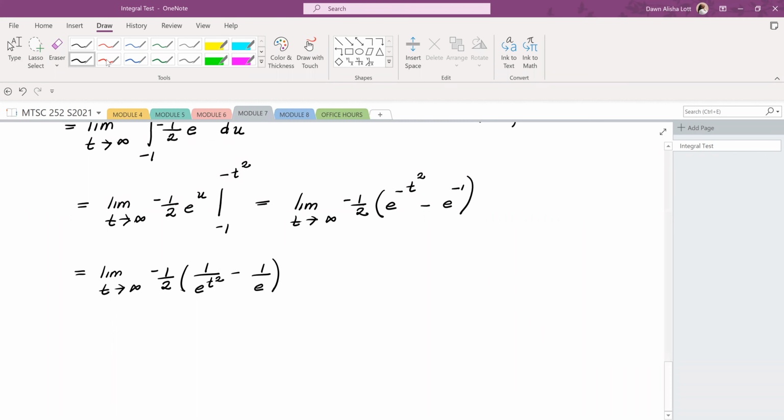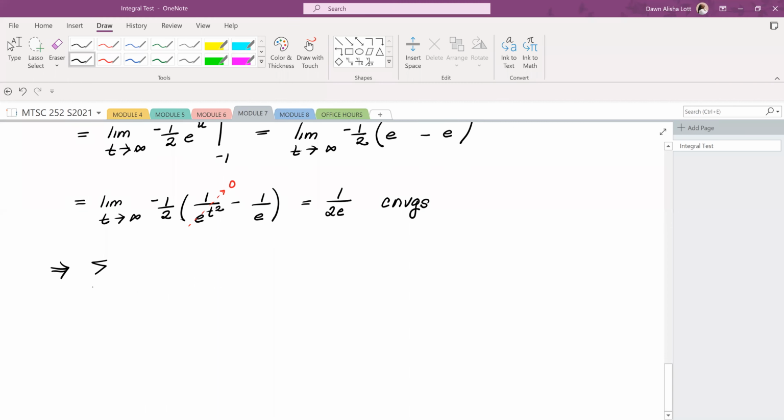And then this term, I can clearly see that term goes to 0. So I get 1 over 2e. And 1 over 2e is a very nice number. So this converges. So then that implies that the sum n equals 1 to infinity of n e to the minus n squared also converges.